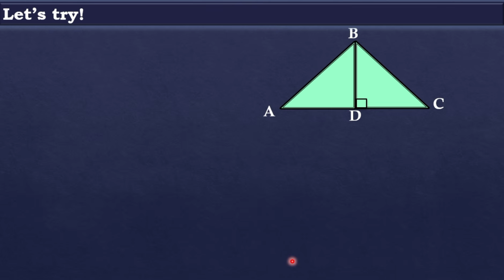Let's try. I have here, segment BD is the perpendicular bisector of segment AC.